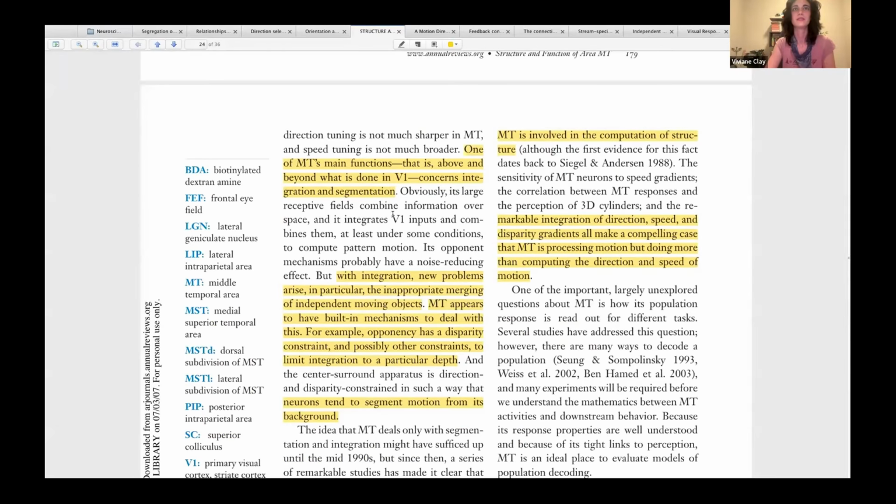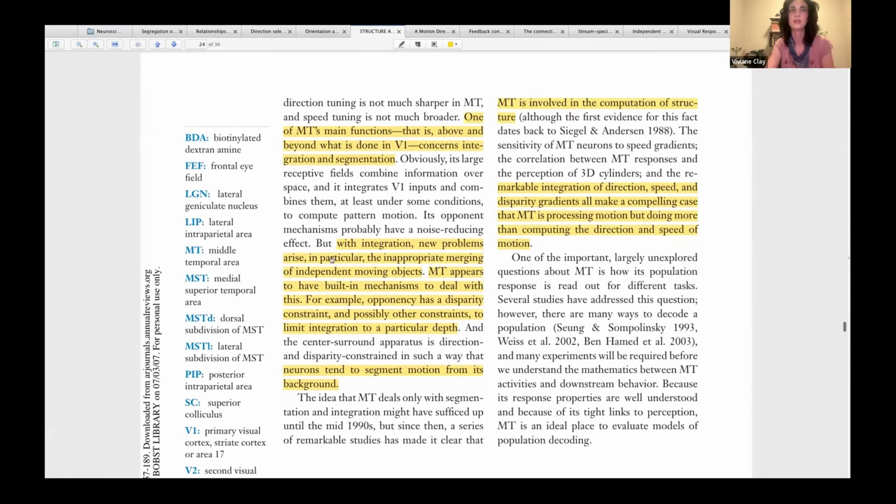I think this was the review paper. One of MT's main functions, above and beyond what is done in V1, concerns integration and segmentation. MT appears to have built-in mechanisms to deal with inappropriate merging of independently moving objects. For example, opponency has a disparity constraint and possibly other constraints to limit integration to a particular depth.